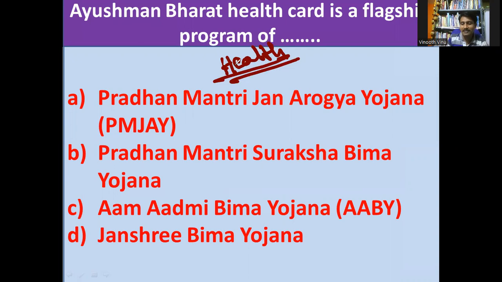Option A, Pradhan Mantri Jana Arogya Yojana. Option B, Pradhan Mantri Suraksha Bima Yojana. Option C, Aam Aadmi Bima Yojana. Option D, Janashri Bima Yojana. Importantly, the answer is option A, Pradhan Mantri Jana Arogya Yojana.